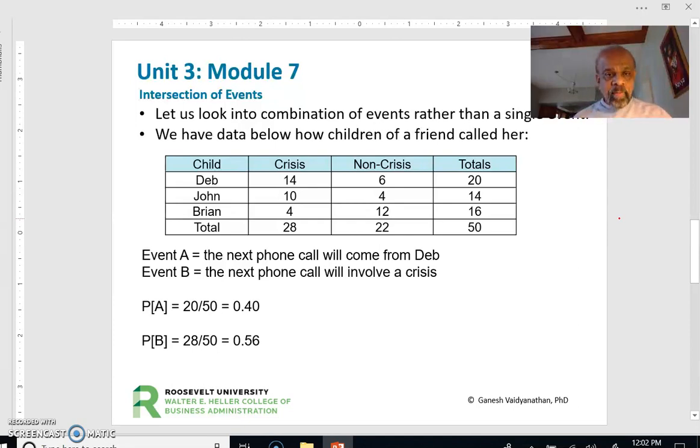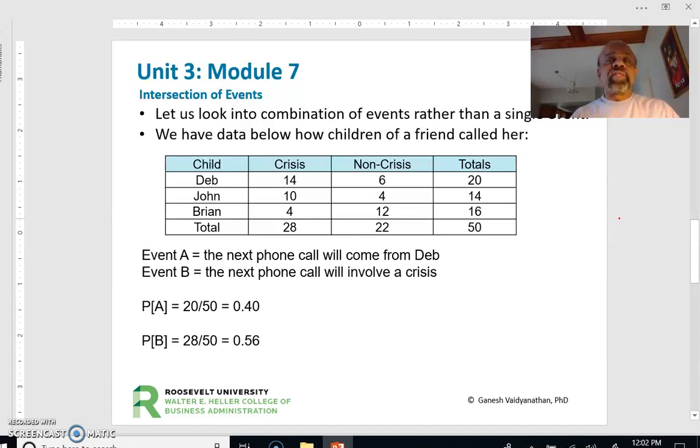So let's take this. I have a friend and he has 3 kids. The first child's name is Deb, second child's name is John, third child's name is Brian. When my friend gets calls, it's either in crisis mode or non-crisis mode.